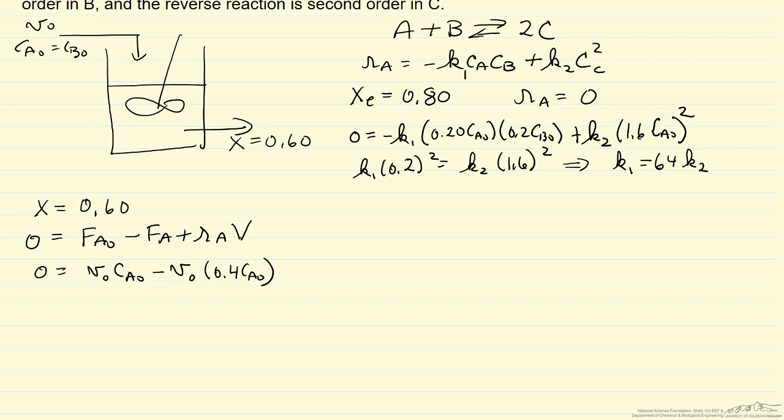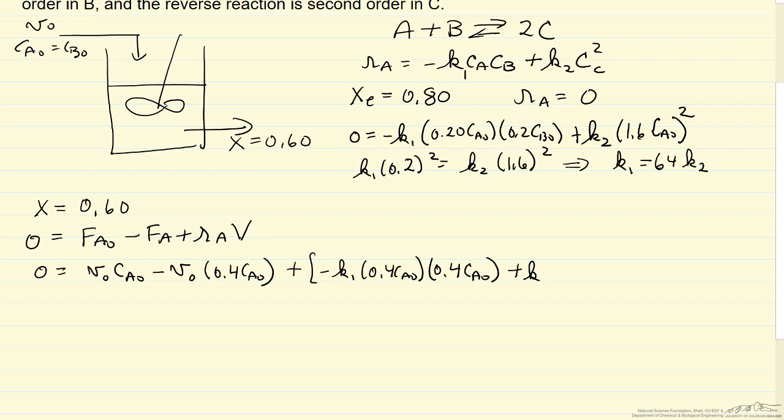And then we can substitute in for the reaction rate. So minus K1. CA leaving, we said, is 40% of that entering. Likewise, since the concentration of A and B is the same, this is 0.4 CB0, which is the same as 0.4 CA0.